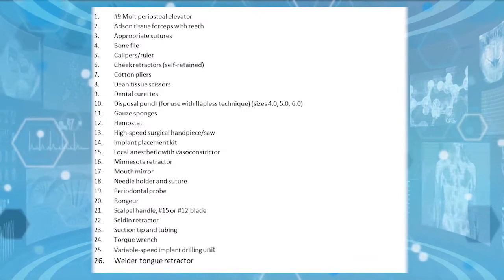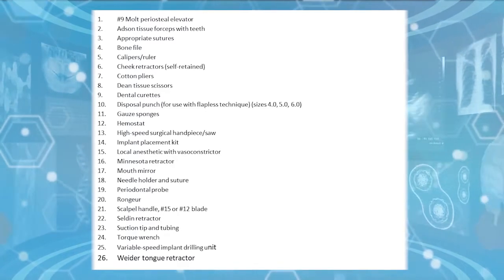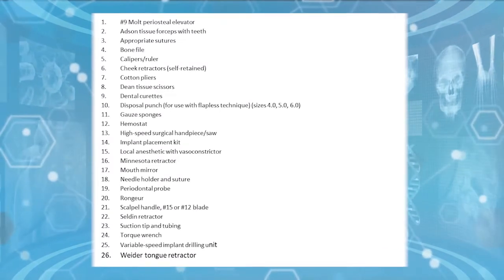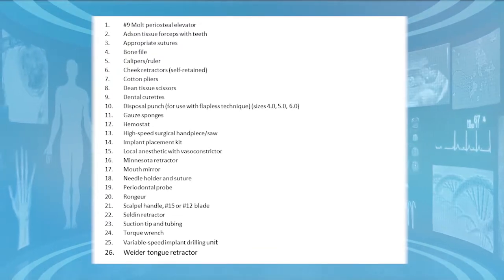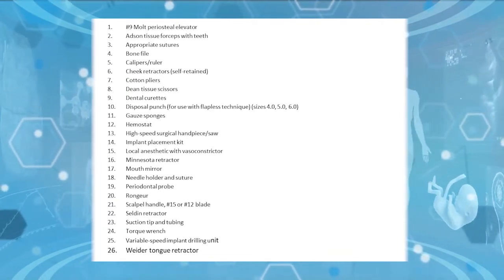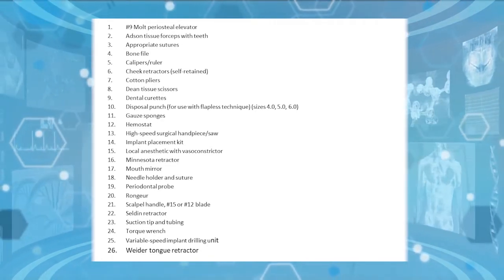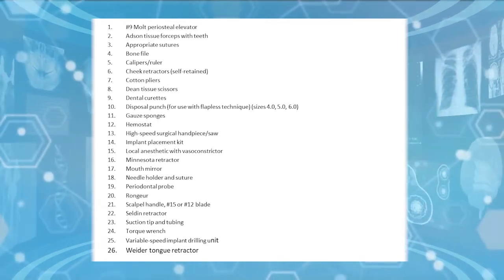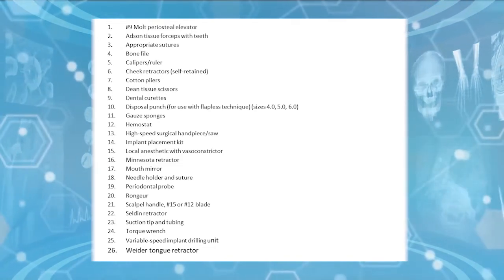Here are the basic armamentarium instruments to use during implant placement, as you can see. These are the different instruments: periosteal elevator, tissue forceps, suture material, bone fill, calipers, cheek retractors, cotton pliers, tissue sizers, dental curette, disposable punch, gauze sponges, high-speed surgical handpiece, implant placement kit, local anesthetic with vasoconstrictor, Minnesota retractor, mouth mirror, needle holder and suture, periodontal probes, scalpel handle with size number 15 or number 12 blade, suction tip, torque wrench, variable speed implant drilling units, and tongue retractors.